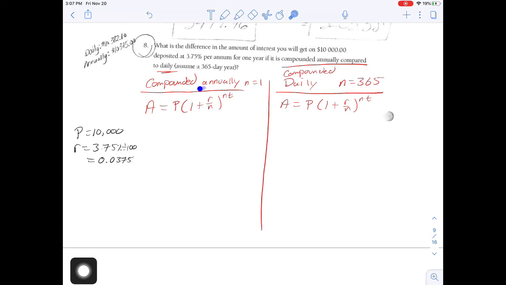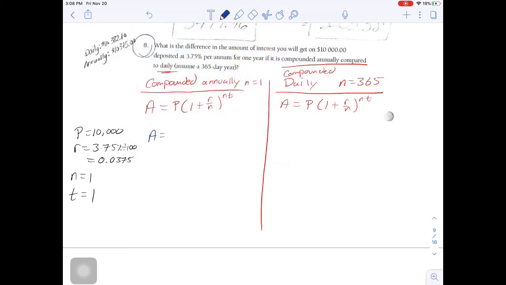My N value, well, this is compounded annually, so every year, and there's 1 year in a year, so it's just N equals 1. How many terms happen in this? Well, my T value will be 1, right? Because we are doing this for 1 year. Okay? So we can plug these values into my formula.